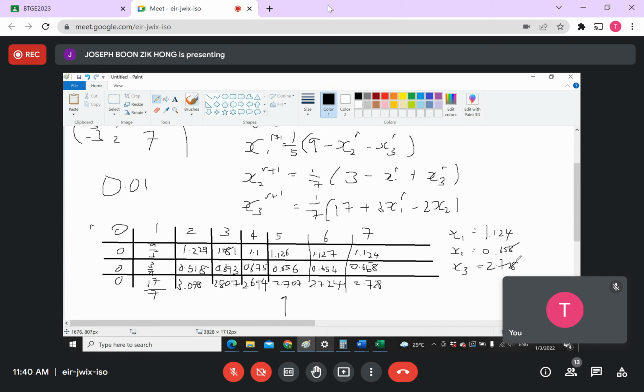It depends on which method you are using. This one is the Jacobi method, so you have to do a bit longer. If you use Gauss-Seidel, maybe it will be faster. The formula is basically the same, but this one changes to r plus 1, and this one changes to r plus 1 as well.